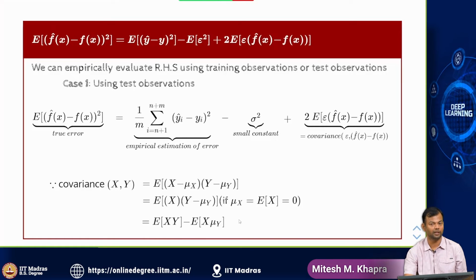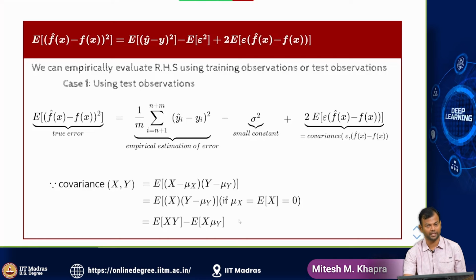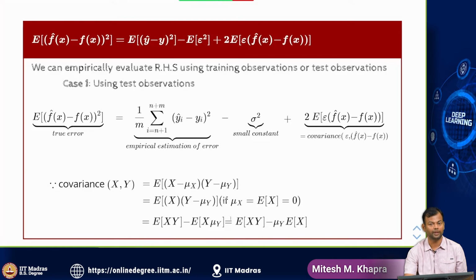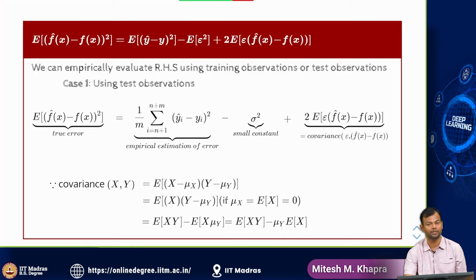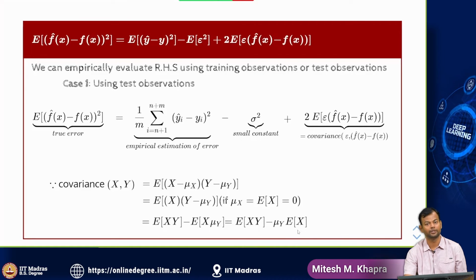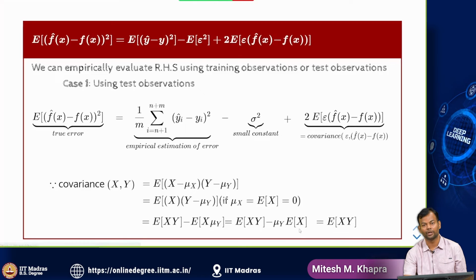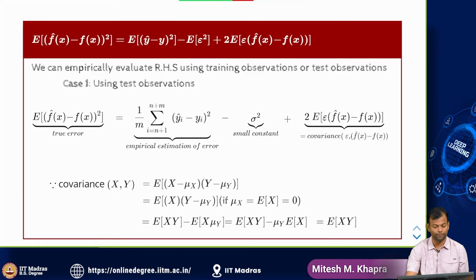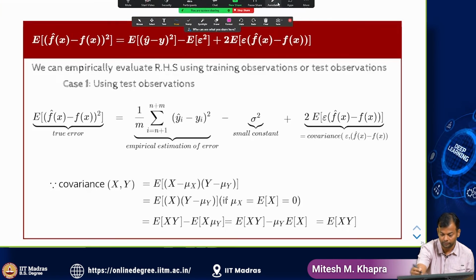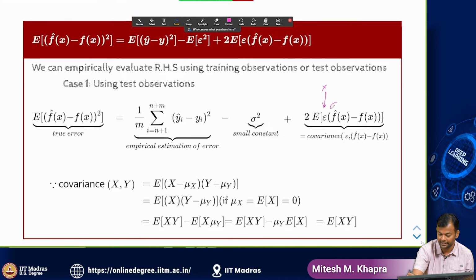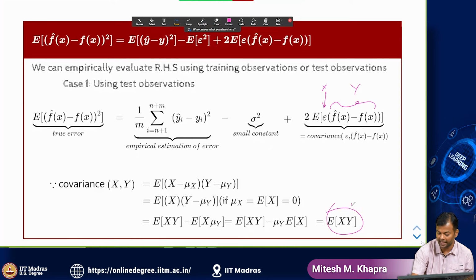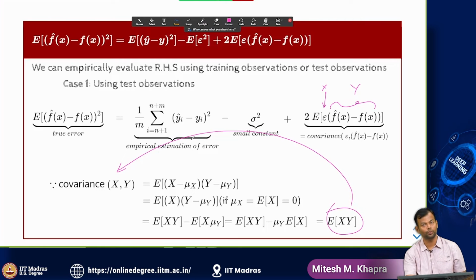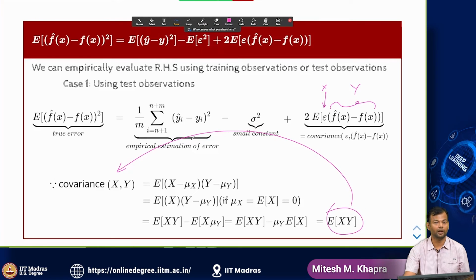Now mu y is of course a constant, because you compute the expectation and then that's a constant, so that will come out. So you have E of xy minus mu y into E of x, but again E of x is going to be 0. So what you remain with is E of xy. So in this case, when epsilon was a random variable with mean 0, this product, treating epsilon as x and this quantity as y, is actually the covariance between these two random variables. That's something that we are noting.